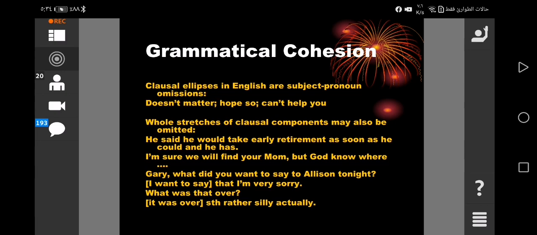Well, sometimes a clause is dropped. He said he would take early retirement as soon as he could, and he has. In fact, originally the sentence is, he said he could take early retirement as soon as he could take early retirement, and he has taken early retirement.